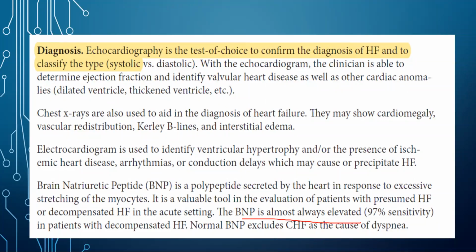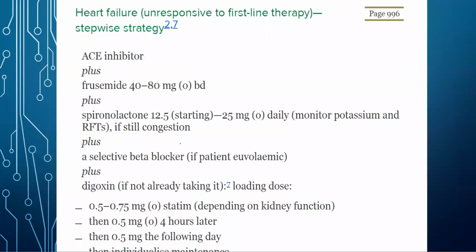So the BNP is almost always elevated in patients with decompensated heart failure. Normal BNP excludes congestive heart failure as the cause of dyspnea. So it's a good test, but not for diagnosis.